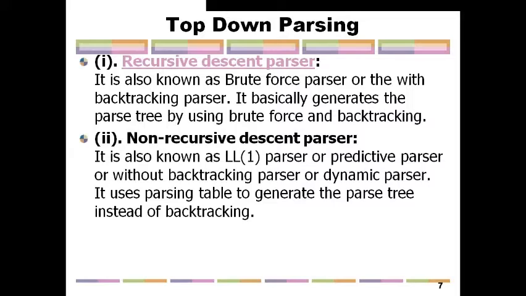But in bottom-up parsing, I already told you we have two broad classes. One is the operator precedence parser, another one is the LR parser. The LR parsers are further classified into SLR, CLR, and LALR: simple LR parser, canonical LR parser, and look-ahead LR parser. So this is about top-down and bottom-up parsing.